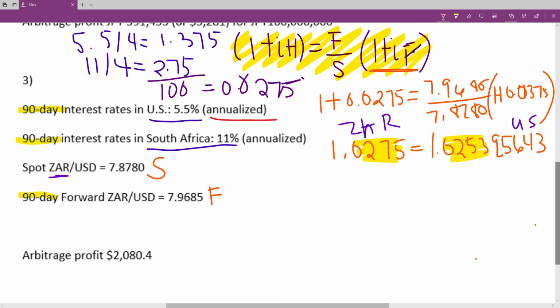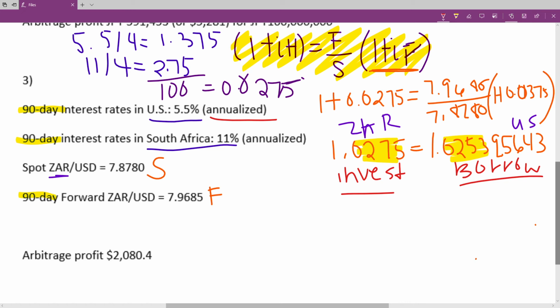The US rate of return is 1.0253, but the South African ZAR is 1.0275. So we're going to invest in the ZAR, and borrow from the US, okay? Now that we know where we're going to borrow and invest, we can move on to the next step.